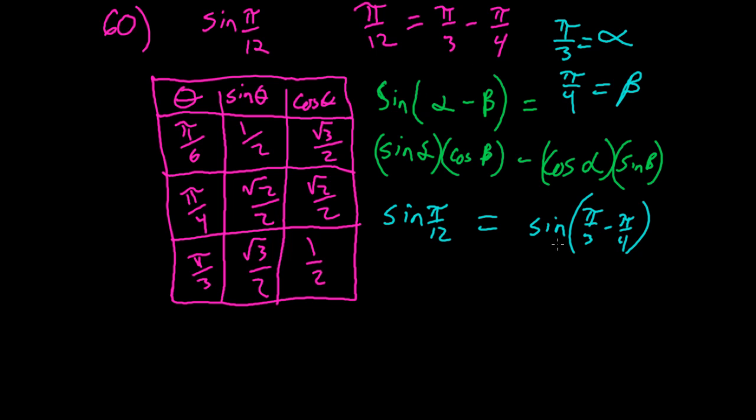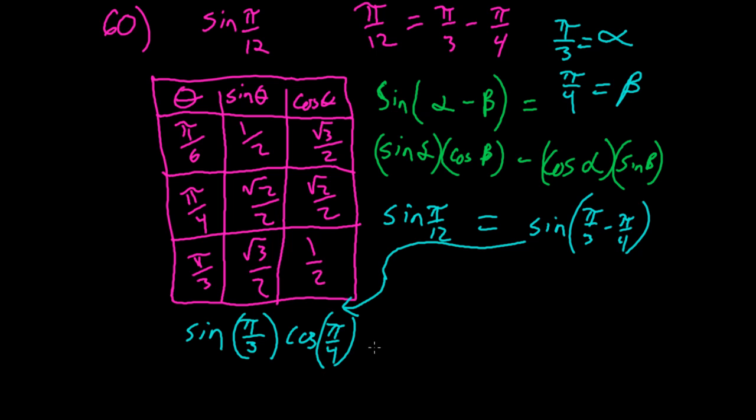So then sine of pi over 3 minus pi over 4 turns into the sine of pi over 3 times the cosine of pi over 4, and then that is minus the cosine of pi over 3 times the sine of pi over 4.